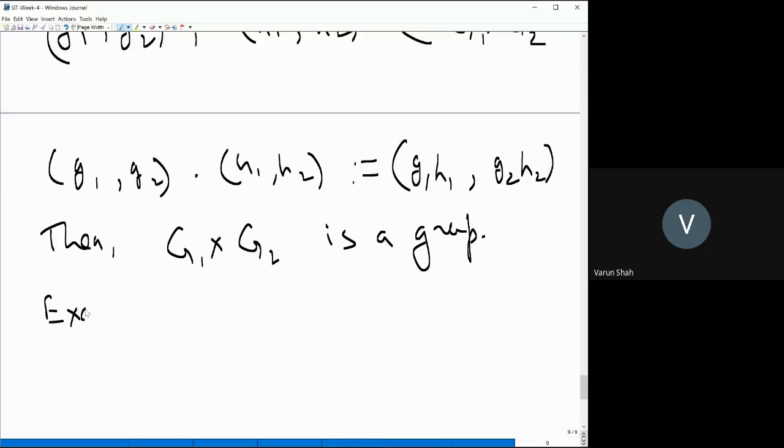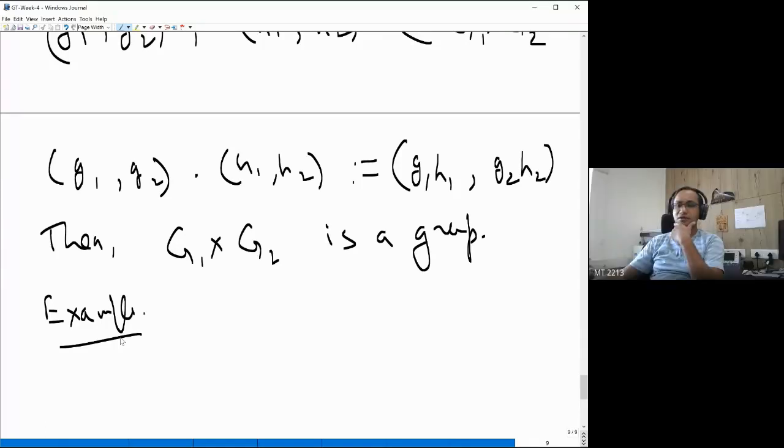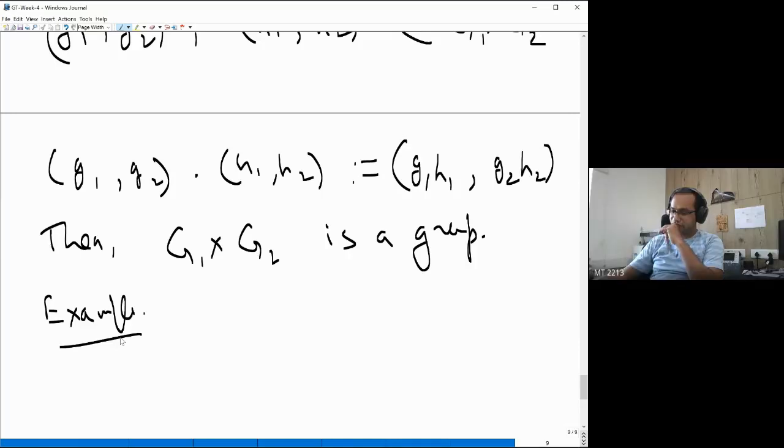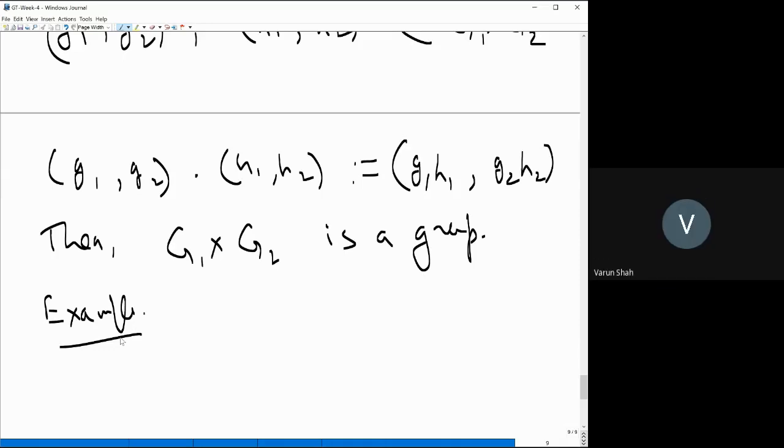For example, yes. No, I have a doubt about something else. When we define the normalizer and centralizer for a single element, you said that the normalizer will end up being the centralizer. But that won't be true. If you take S3 with the subgroup {1, (1 2)}, then your centralizer of (1 2) would just be that subgroup, right?